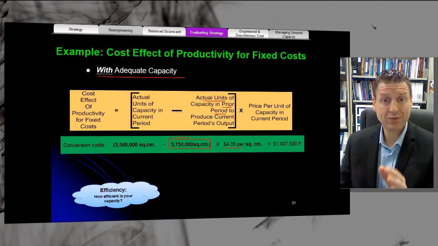And so that 3.75 million square centimeters was the capacity in 2012, but in 2013 it's only 3.5 million square centimeters.